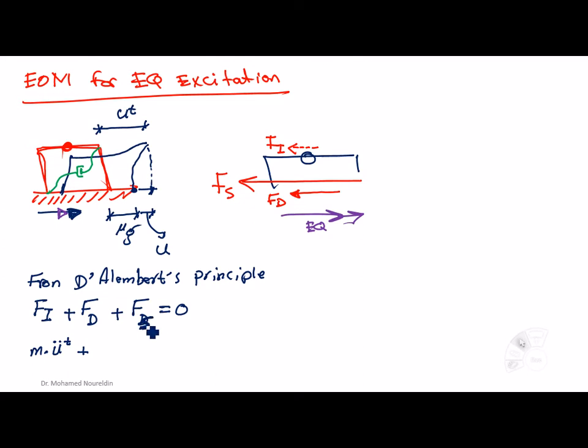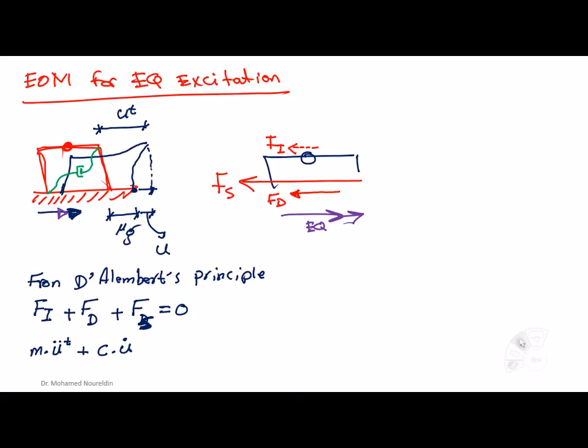Sorry for this, this is Fs. And then Fd is going to be c times u dot. c is the coefficient of damping, as I have explained before. And plus k times u, which is the stiffness of the system, times u, equal to 0, right?